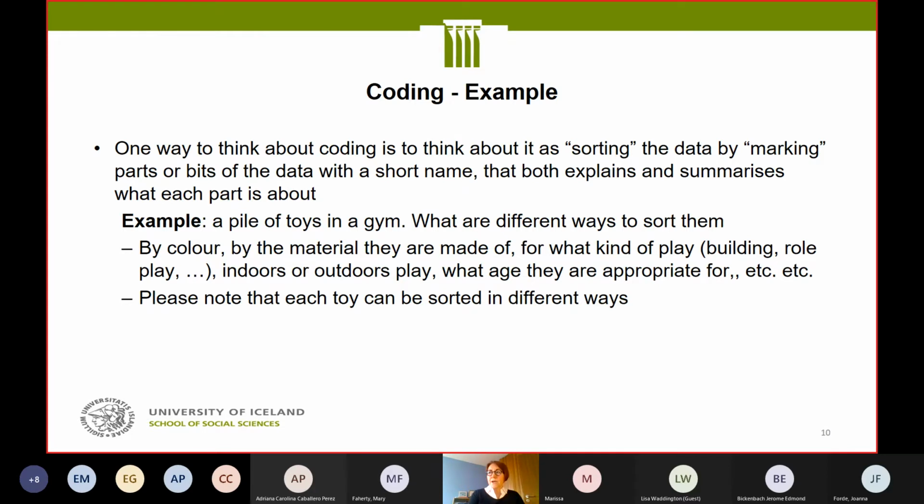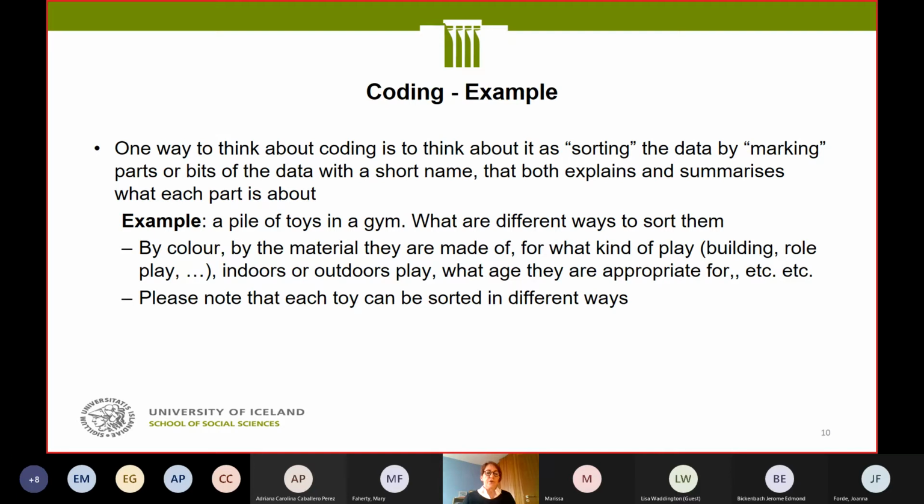Now it's your task to sort them. And you will find out that there are extremely many and different ways to sort them. Of course the toys are your data.